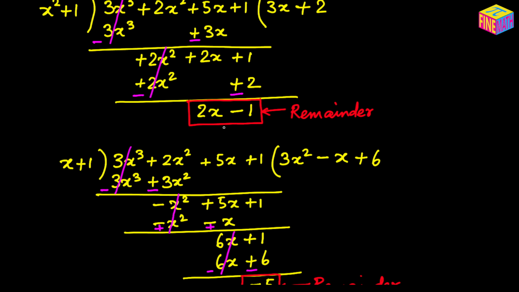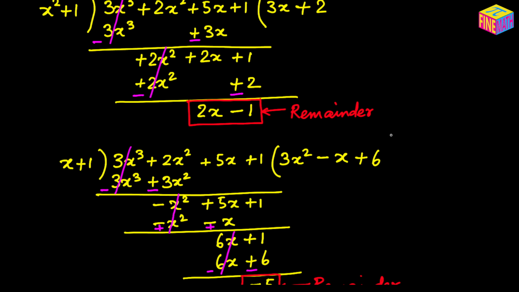Like in the first division here, the degree of the polynomial is 1 right here, whereas the divisor has a degree of 2. On the second example, the degree of the remainder is 0, whereas the degree of the divisor is 1. So you always see that the degree of the remainder is at least 1 less than the degree of the divisor. That is the most important concept we need to understand here.